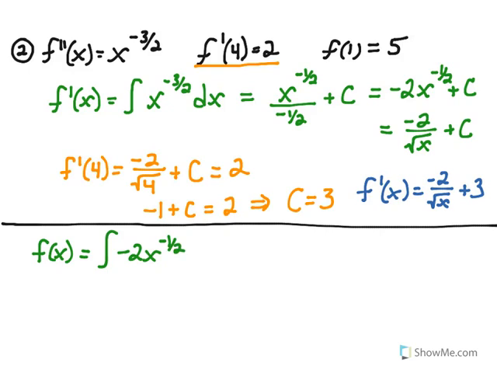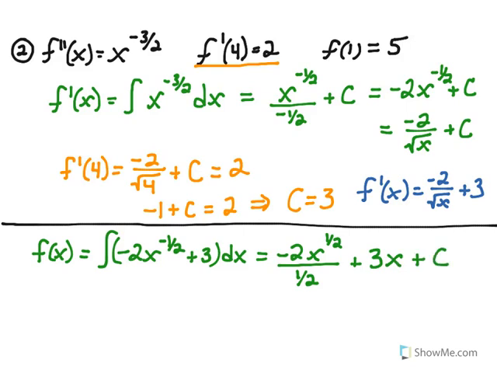I can't leave the radical, plus 3. Don't forget to write the dx at the end. So I'm going to keep the negative 2, x, add 1 to the exponent, you get positive 1/2, and then I have to divide by that new exponent 1/2. Antiderivative of a constant is a constant times the variable x, and then plus c.